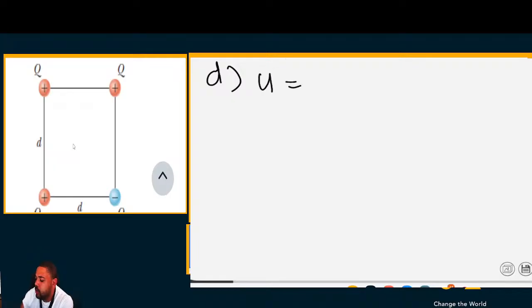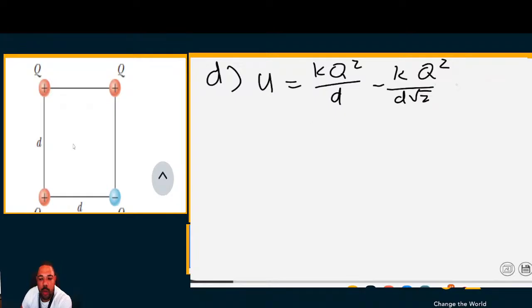The electric potential energy of D is equal to kq squared over d, the first one, plus negative kq squared over d square root 2. That's it. Then we have the last one, positive kq squared over d.